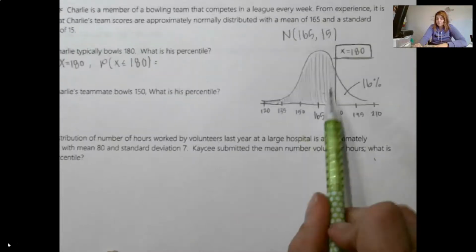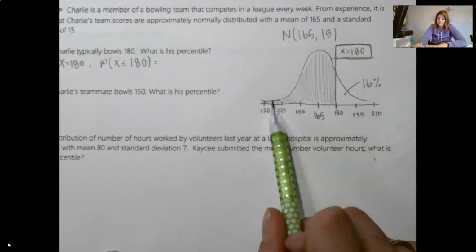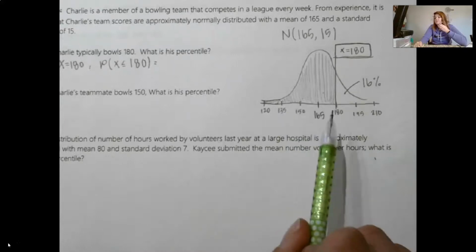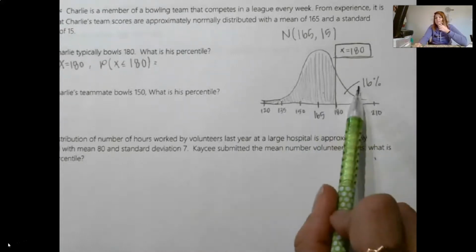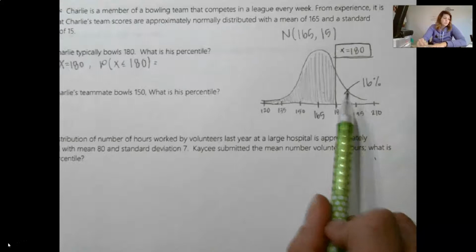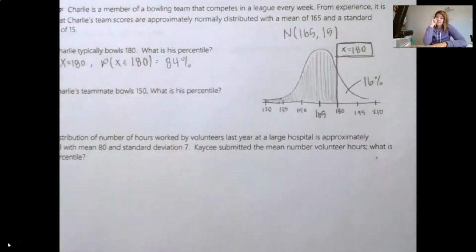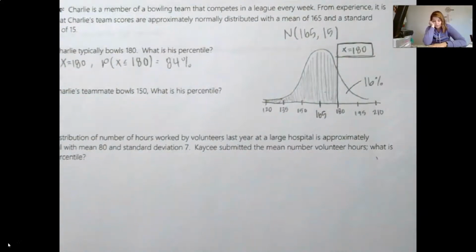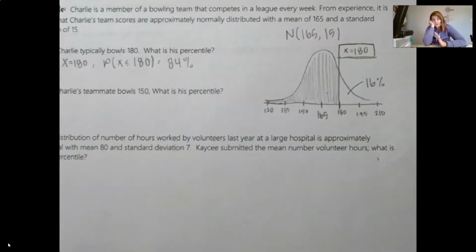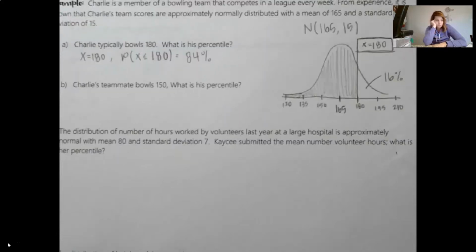So you either add 34, 34, 13.5, 2.35, 0.15, or you do 100 minus 16. So that means that 84% is below Charlie's score, less than or equal to Charlie's score. So Charlie is at the 84th percentile.